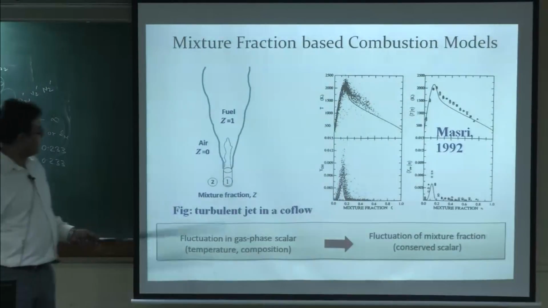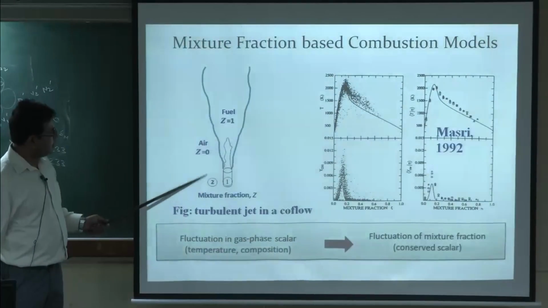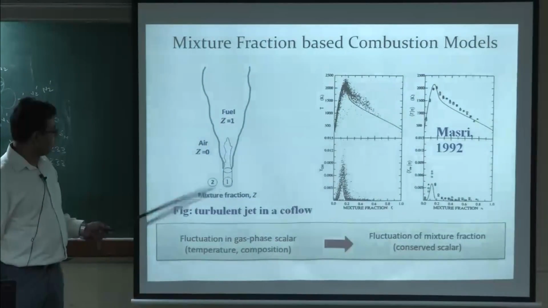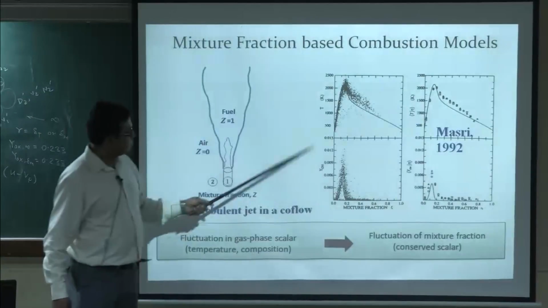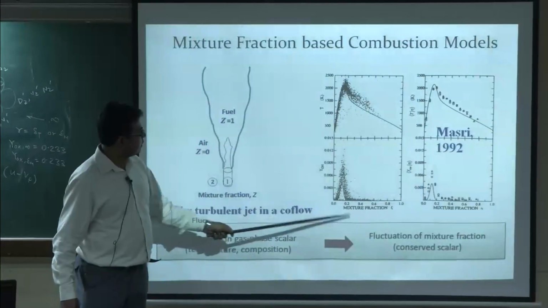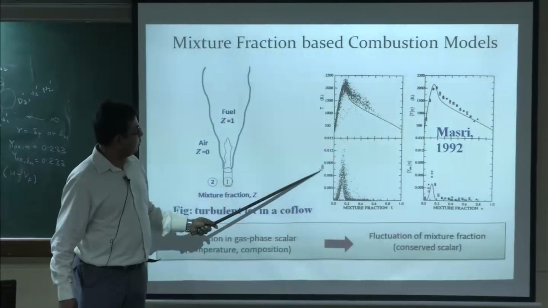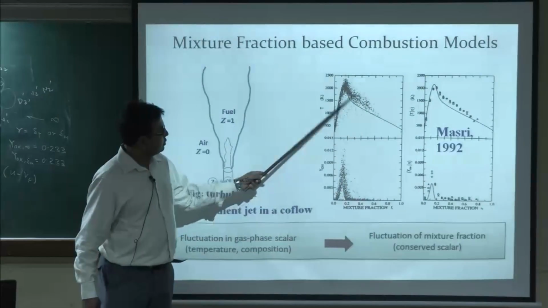So here is a schematic. This is basically the gaseous phase. So we have a jet and we have a co-flow, and the jet is bringing the fuel, the mixture fraction is 1 here, and the air has a mixture fraction equal to 0. And if you plot at different locations the mixture fraction versus scalar quantities like temperature and OH mass fractions, okay, then you can get a trend, right. So these are the scatter plots.